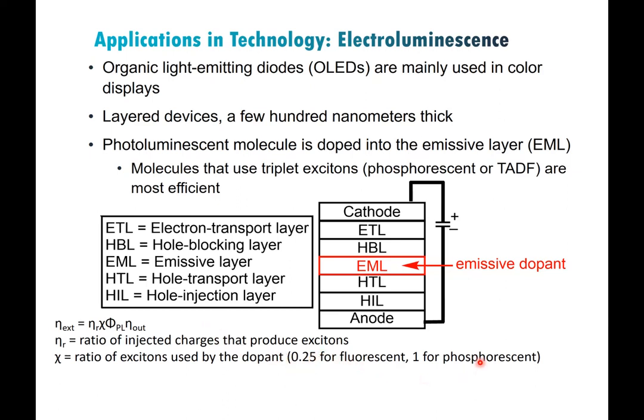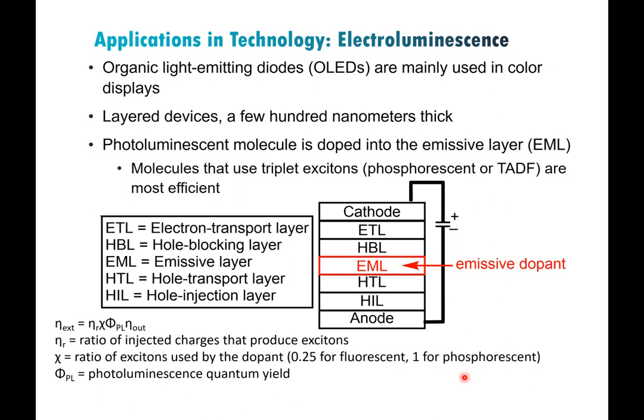But when you have a phosphorescent or TADF emitter, they can use the singlets and the triplets, so they have a theoretical and in some cases practical value of chi that approaches unity or 100%. And so your efficiency that you can get overall is then going to be much higher. So that's why phosphorescent and TADF emitters are more efficient, as we already talked about a little bit.